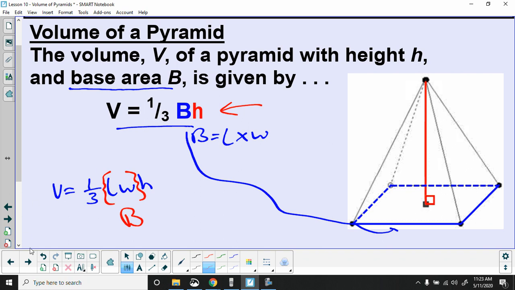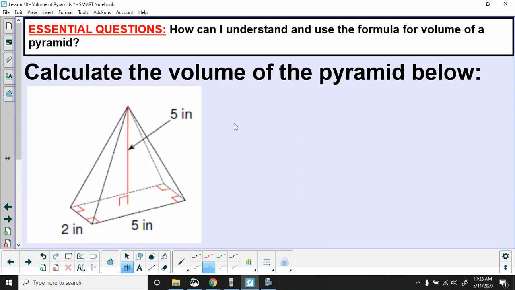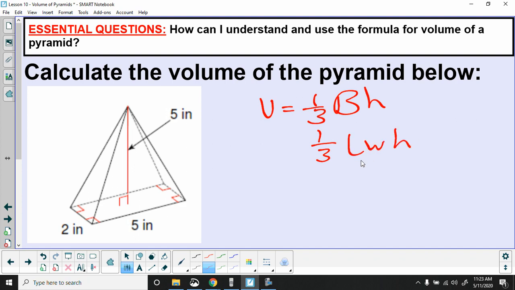So, for example, the volume would be 1/3 big B times H. The base of this pyramid is a rectangle, so I need to substitute the big B with L times W, length times width.